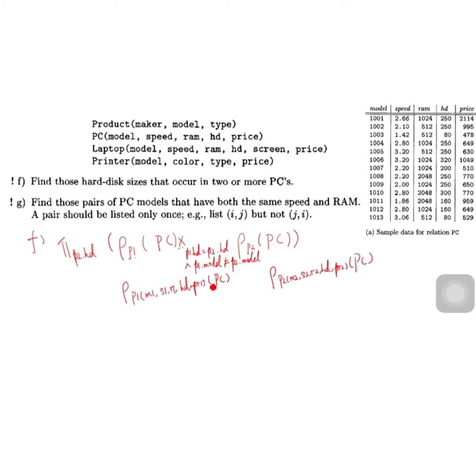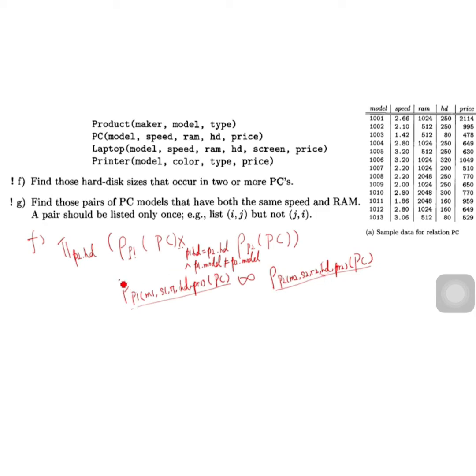Okay, now, in the result of this expression, there is HD, and in the result of this renaming expression, HD is also in the result. So if we use natural join, it means we'll pair the tuples with the same component value on HD.